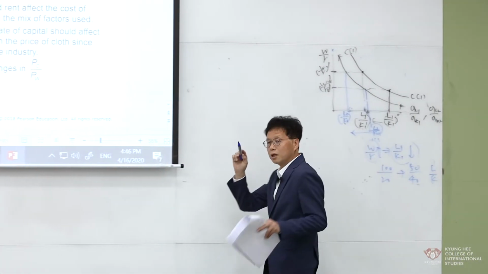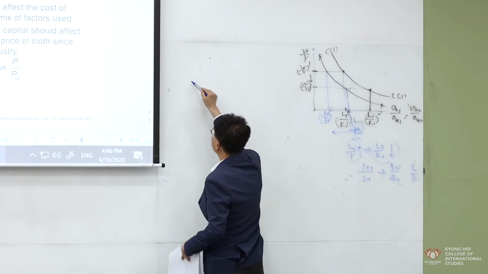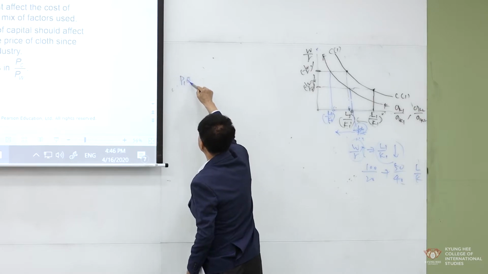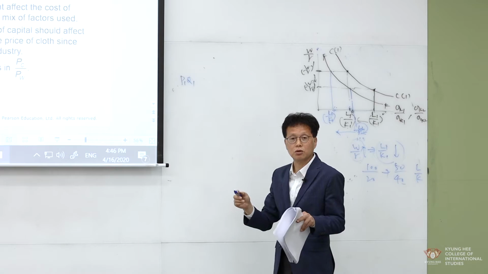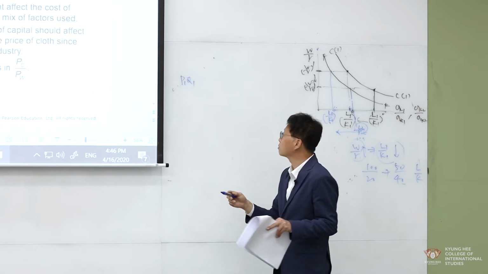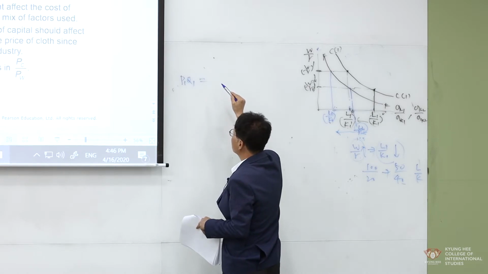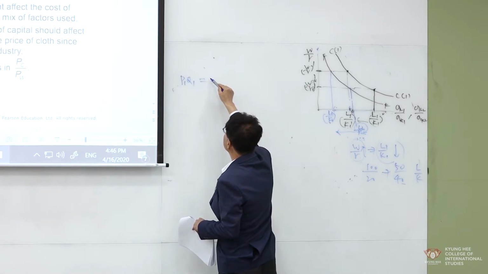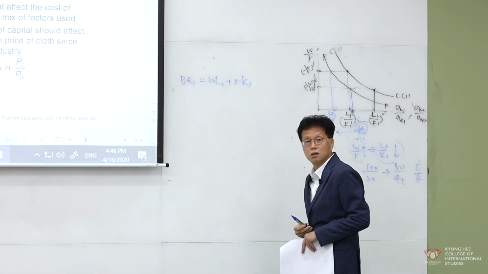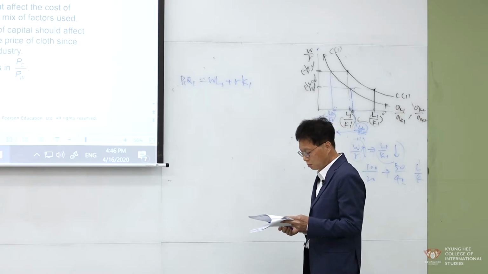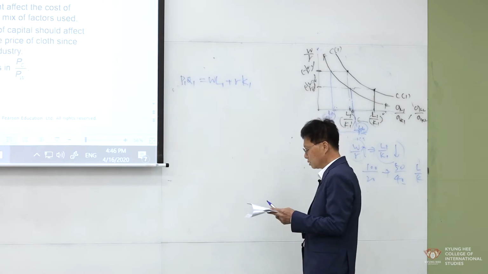Total revenue, in the Q1 case P1 Q1, should be equal to total cost when the market is perfectly competitive, right? So profit should be equal to 0. Total cost is wL1 plus rK1, isn't it? When the market is perfectly competitive, we can get this. We set the zero profit condition.